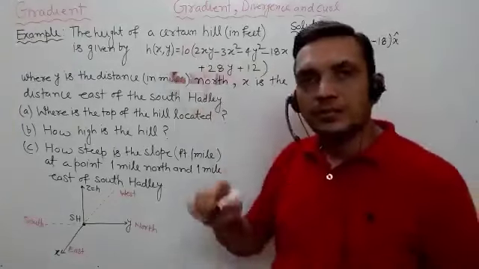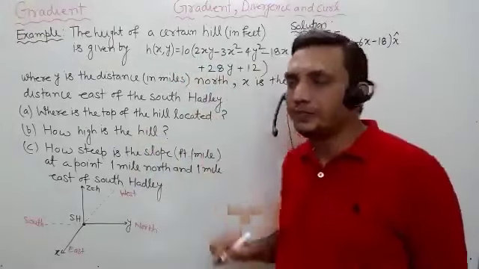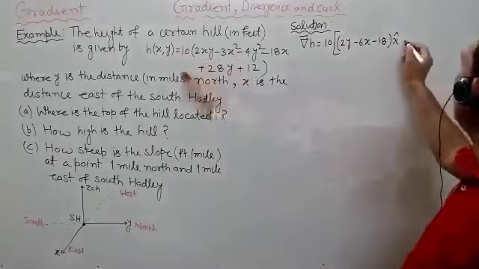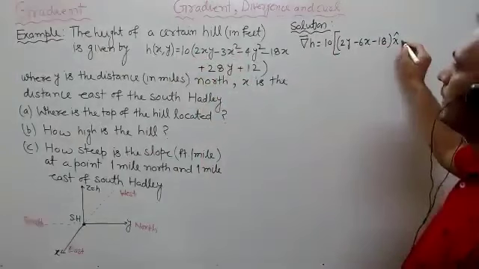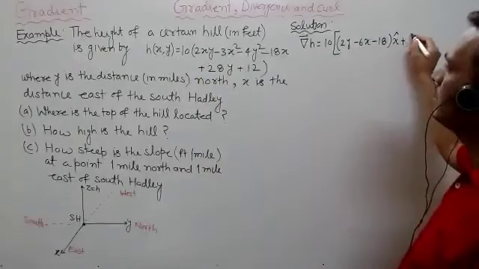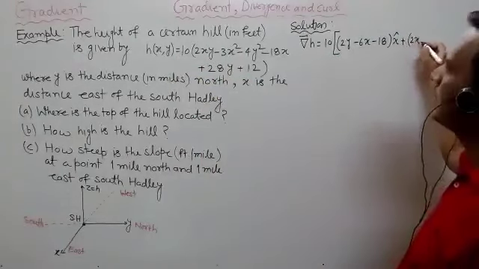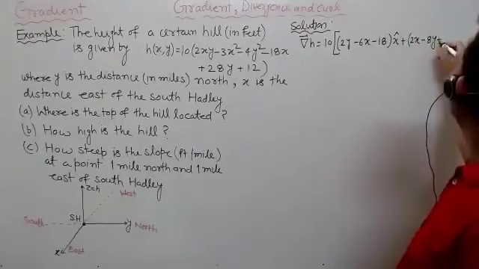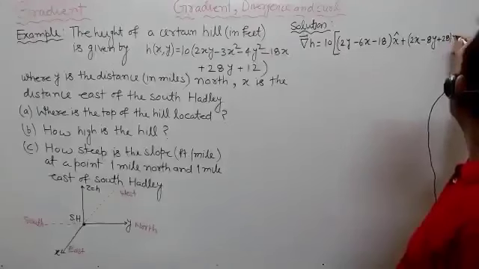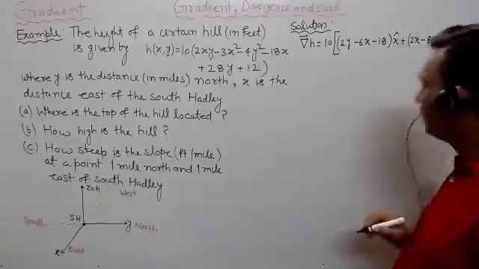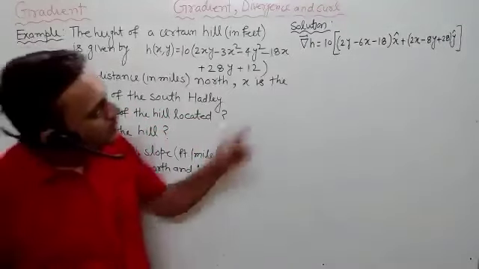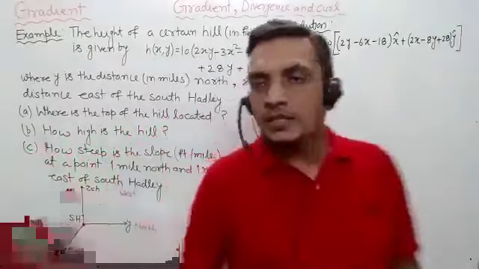This is the first term, del h by del x x cap. And the second term is del h by del y y cap, plus (2x - 8y + 28) y cap. So this is the gradient of h.